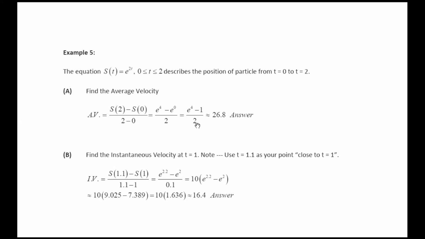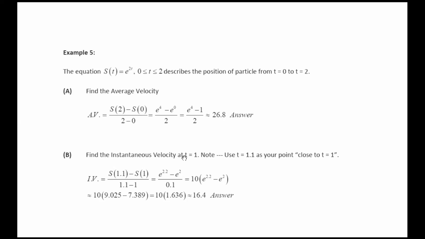Now, that's your exact average velocity. If you would like a rational number, which can be written as a fraction, then you're going to have to use your calculator to get that. And this becomes an approximation because we've rounded this.